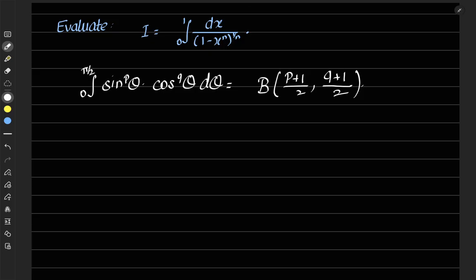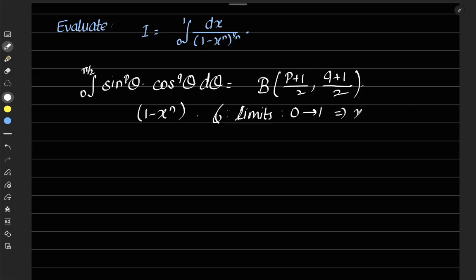We substitute in our standard beta function, because we can see a term like (1 minus x) to the power n with limits from 0 to 1.